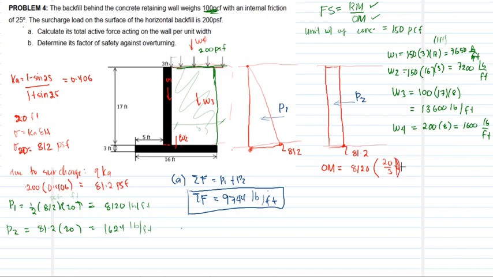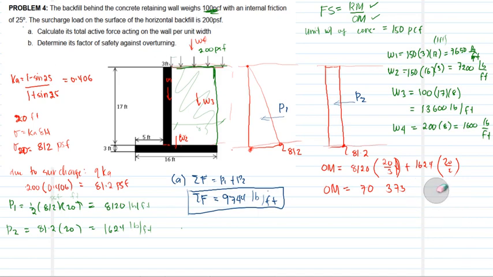Plus yung P2 natin, 1,624. Yung length natin dito is 20/2. So, yung overturning moment natin is equal to 7,373 PSF. Okay?